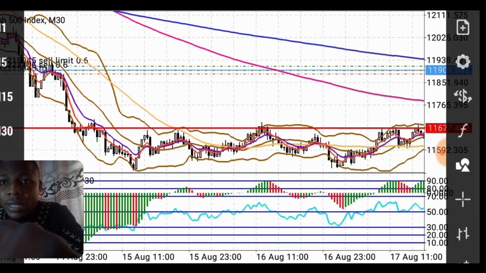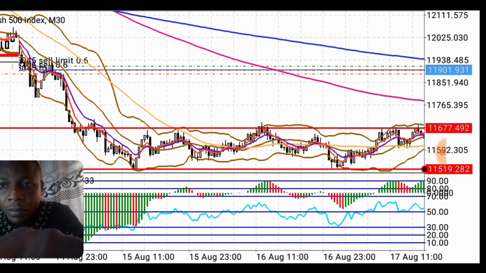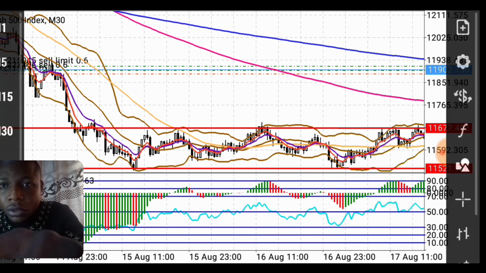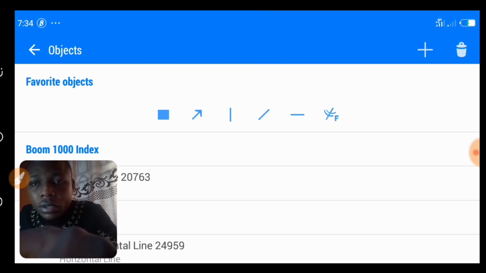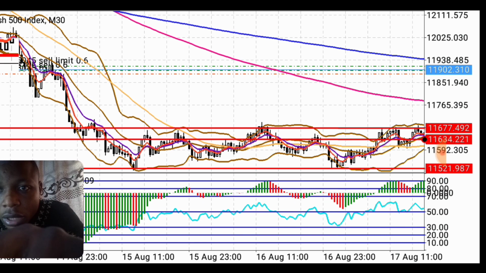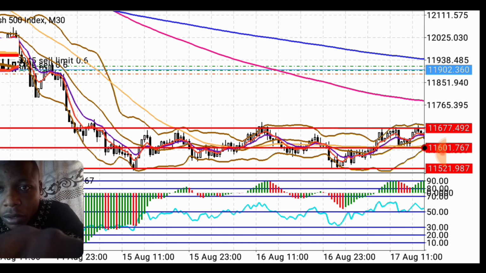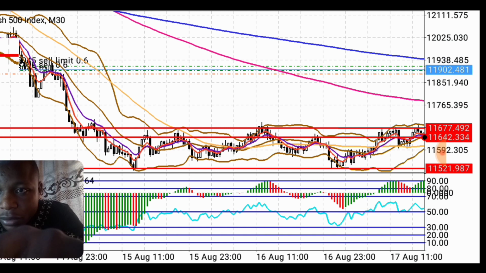So anytime the market is touching this line, sell, enter a sell. Then draw your lower low also. What do I mean by lower low? The lowest support. Then you can now draw, because of price action, another one in between, because there will always be some resistance and support levels in between.